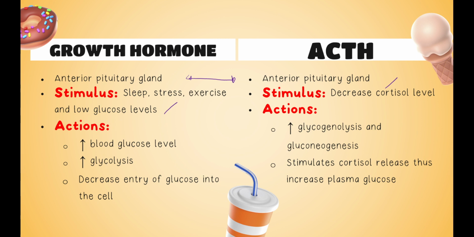So for growth hormone: increase blood glucose level, increase glycolysis, decrease entry of your glucose. For ACTH: increase glycogenolysis and gluconeogenesis, and then stimulate cortisol release, thus increasing your plasma glucose.